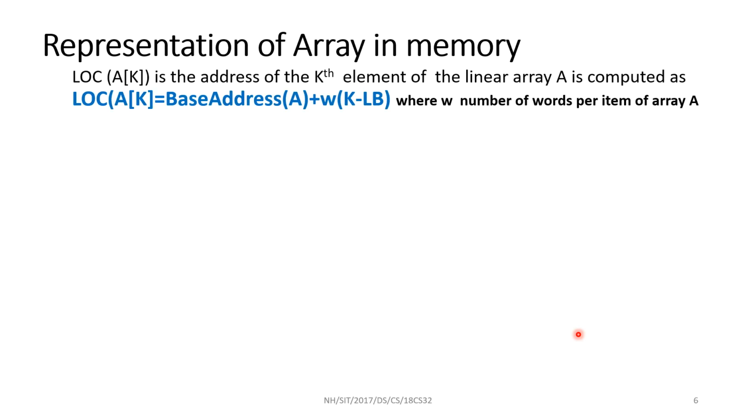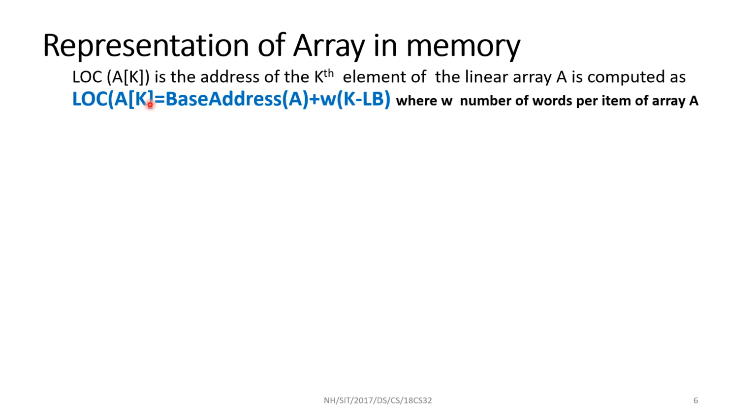Let LOC be the location of A of k, the kth element in the array A. LOC can be computed as the base address of the array plus W, the word memory required for each element, the word size. For byte it is 1, for integer it is 4, and so on, times k minus LB.